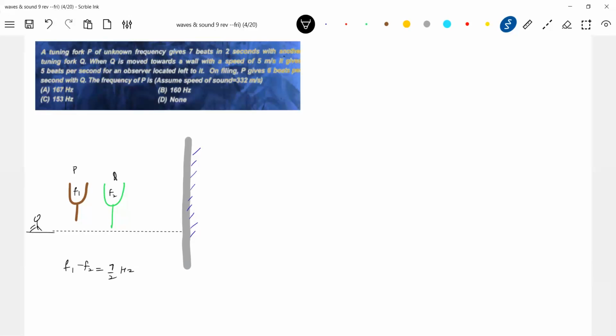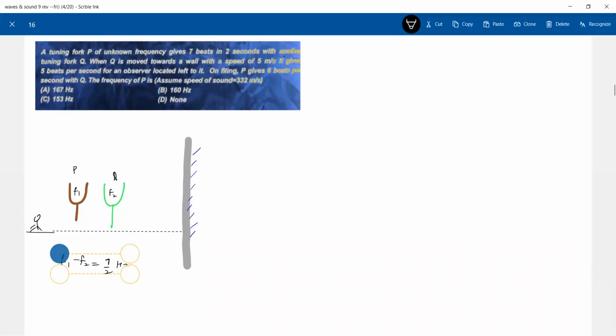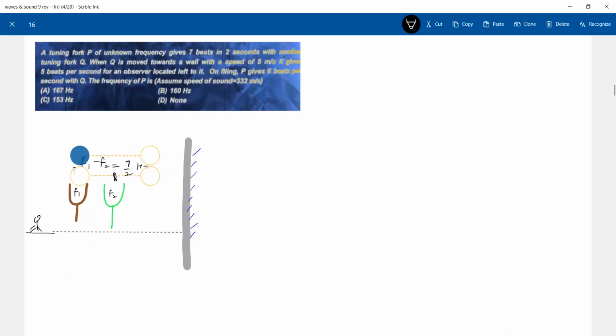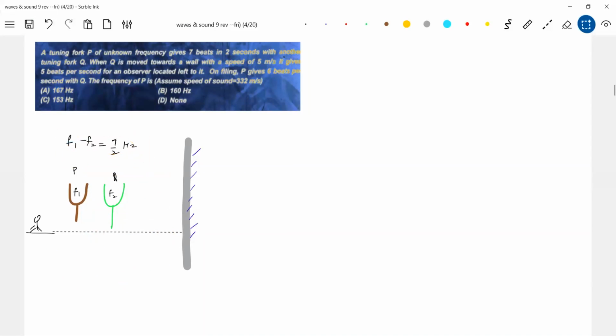Now, what is the second situation? In the second situation, he is going to move the Q. P will be there as it is, whereas Q will be moving towards the wall.